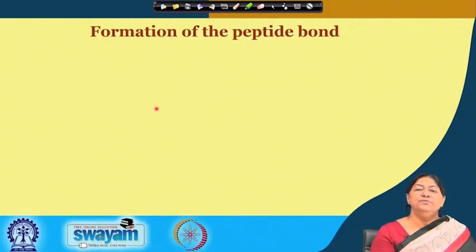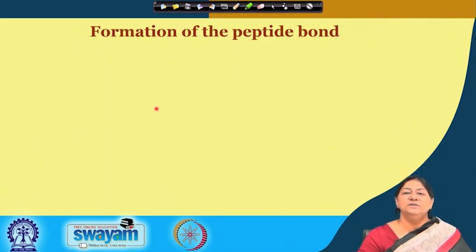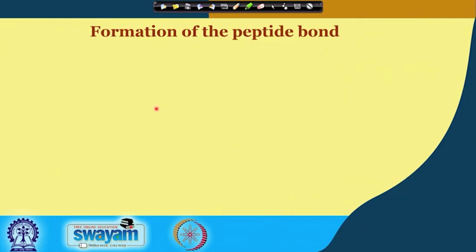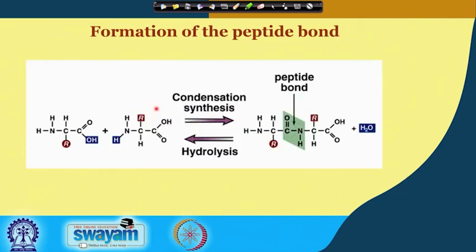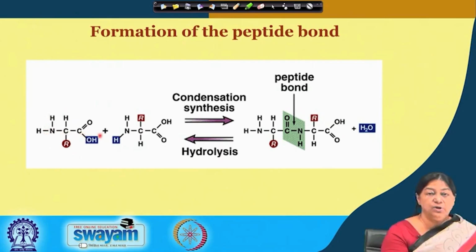We are now going to look at the formation of the peptide bond. We mentioned that two amino acids come together to form what is called a peptide bond. What do we mean by this peptide bond? When we have one amino acid, which you see here, we have the amino group, the carboxylic group, and the R group.